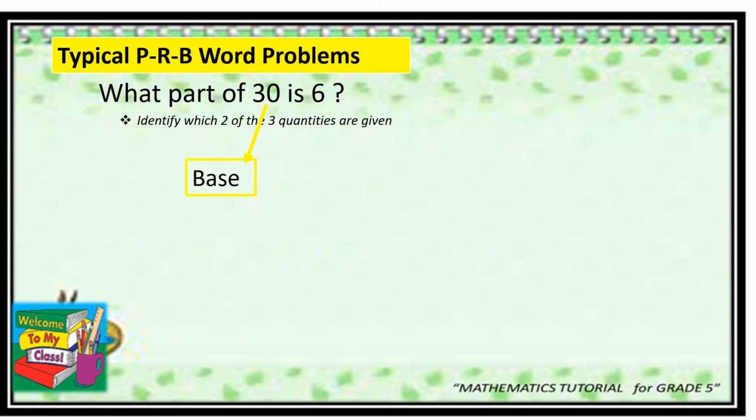is the base dahil nasa hulihan ito ng of, or it is written after the word of. Next, 6. 6 is the percentage because 6 is written after the word is. Okay? What is missing in these word problems?